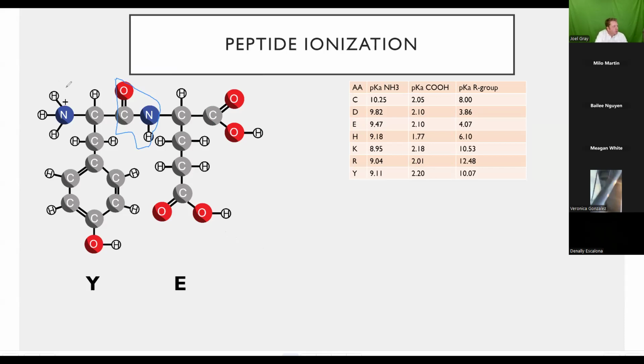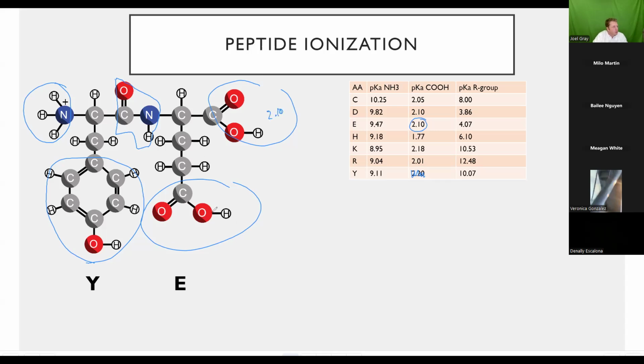Okay. So what we've got is our positive charge right here, our neutral R group, another neutral R group, and a neutral C termini. Now, when it comes to the N and C termini, the C termini of tyrosine, I don't care about that. My C termini of my peptide is the C termini of this. So I'm going to write 2.10.